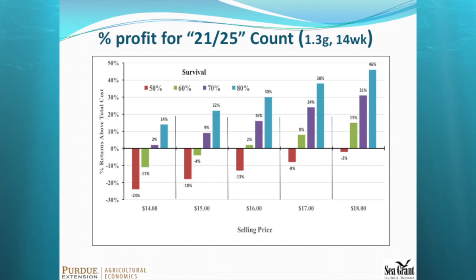The break even is the 0% return or above. And the selling price is at the bottom. Obviously with a higher selling price, with even poor survival, you still are profitable. So it's a question of balancing. The main thing is to get good survival, and you'll always be above profitability. If you can't get good survival, you at least have to have a high price.